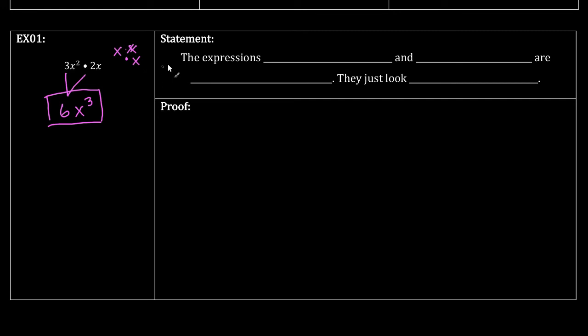So the expressions, remember this is our first expression, this is our simplified version. 3x squared times 2x and 6x cubed, or to the 3rd power, are equivalent. Yep, they just look different.